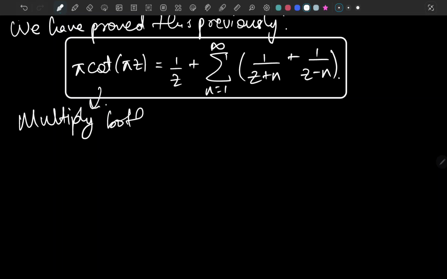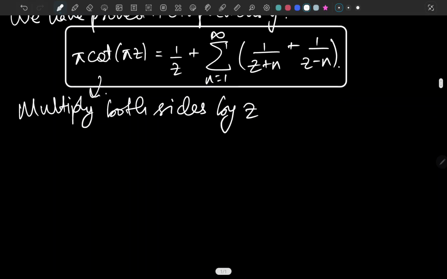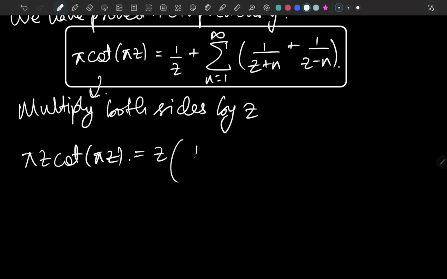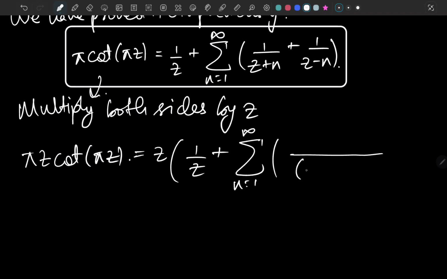multiply both sides by z, right? That's going to give us pi z cotangent of pi z on the right hand side. And on the left hand side we would be having z times 1 over z plus the sum as n goes from 1 to infinity of, well, we can just write this as z plus n times z minus n, right?